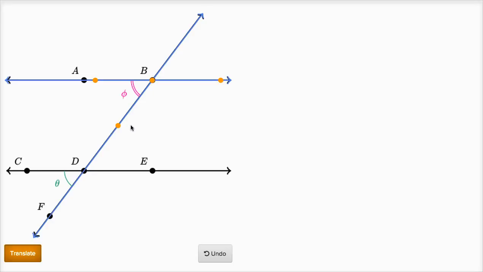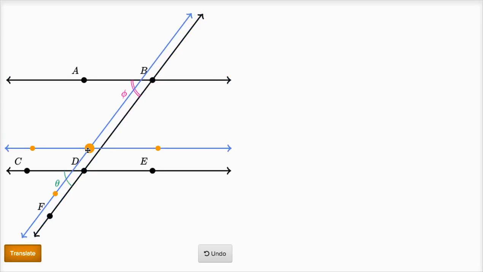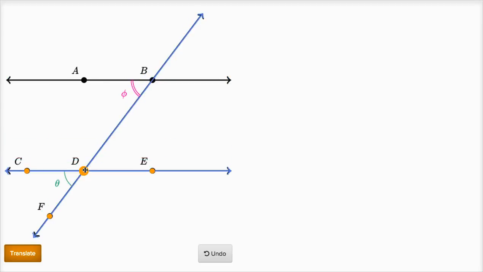If I move that over to B, what it shows is, because under a translation the angle measures shouldn't change, theta is the measure of angle CDF. And so when you move it over here, this should be the same. This angle's measure is the same as CDF. I'm just translating it. And when you move it over here, you see that's the exact same measure as phi.